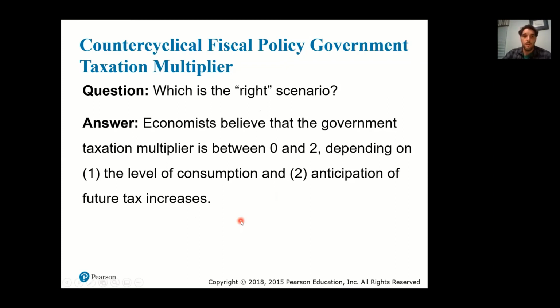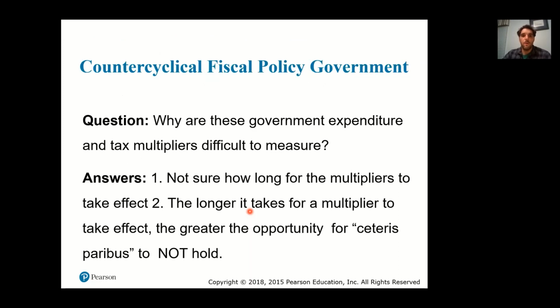So given that both the government expenditure multiplier and the government tax multiplier have a relatively large range of estimation, why does that occur? Why are these estimates so hard to judge or so hard to estimate? Well, one, we're not sure how long the multipliers will take effect.